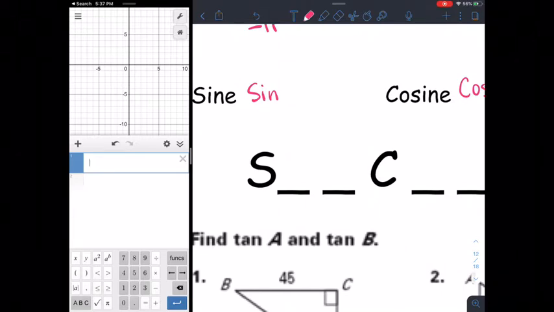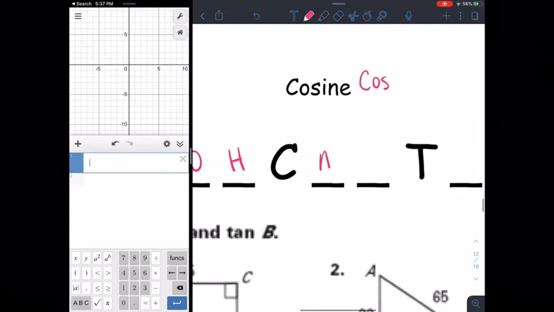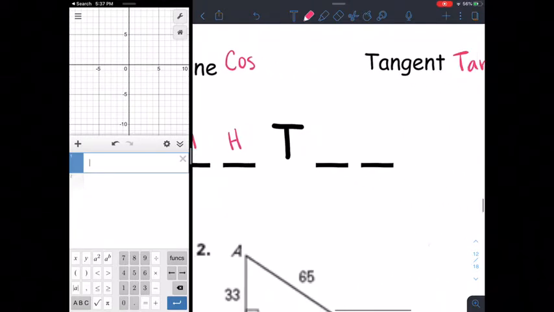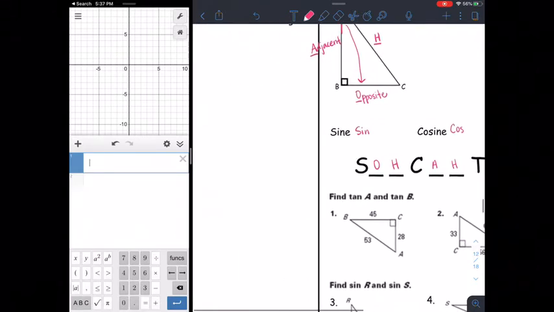Our sine ratio is the opposite over the hypotenuse. Our cosine ratio is the adjacent over the hypotenuse. And our tangent ratio is the ratio of the opposite to adjacent. Now, this is SOHCAHTOA, sine, cosine, and tangent ratios.